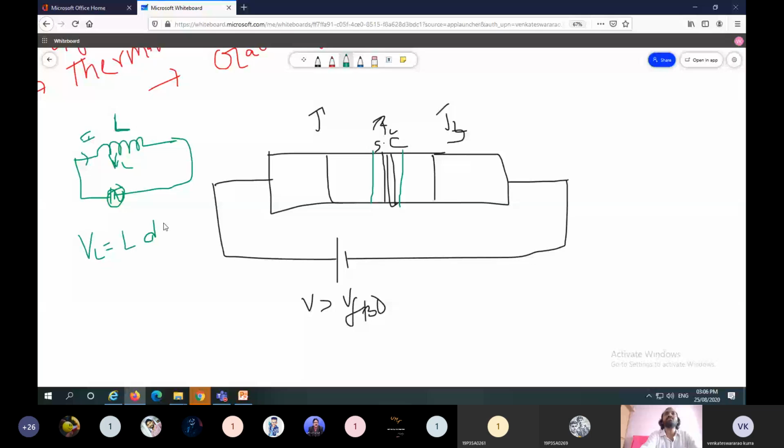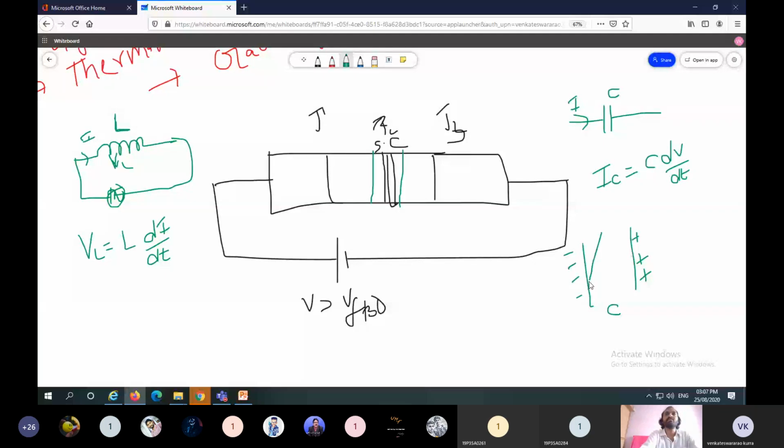In the same way, what is the formula for current flowing through the capacitor? C into dV by dt. Current flowing through the capacitor equals C into dV by dt. A capacitor means two plates separated by some distance, and the medium between the two plates acts as a dielectric medium.